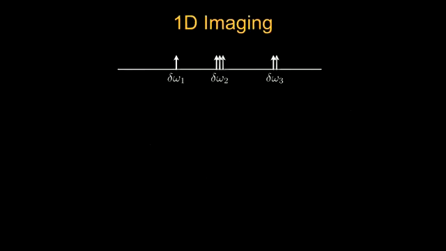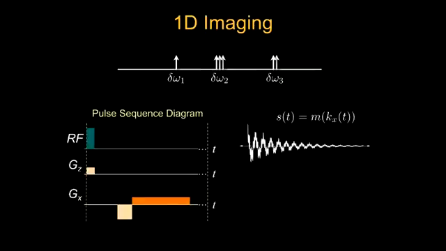Just think about it. If you have different proton densities at different locations, like here you have 1, 3, and 2, so the strength of your magnetization is different at different locations. If you apply this pulse diagram, you collect all the signal together, but each one has a different frequency.